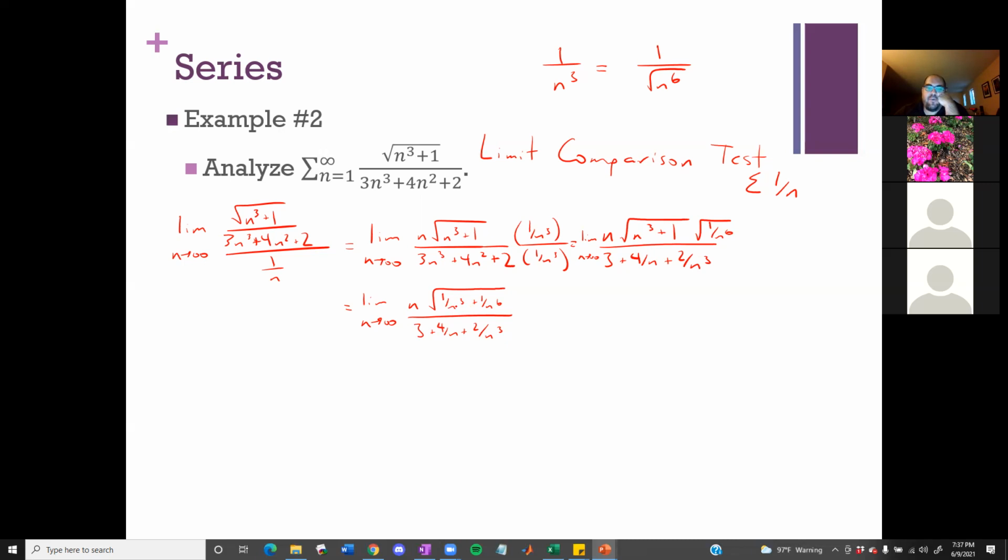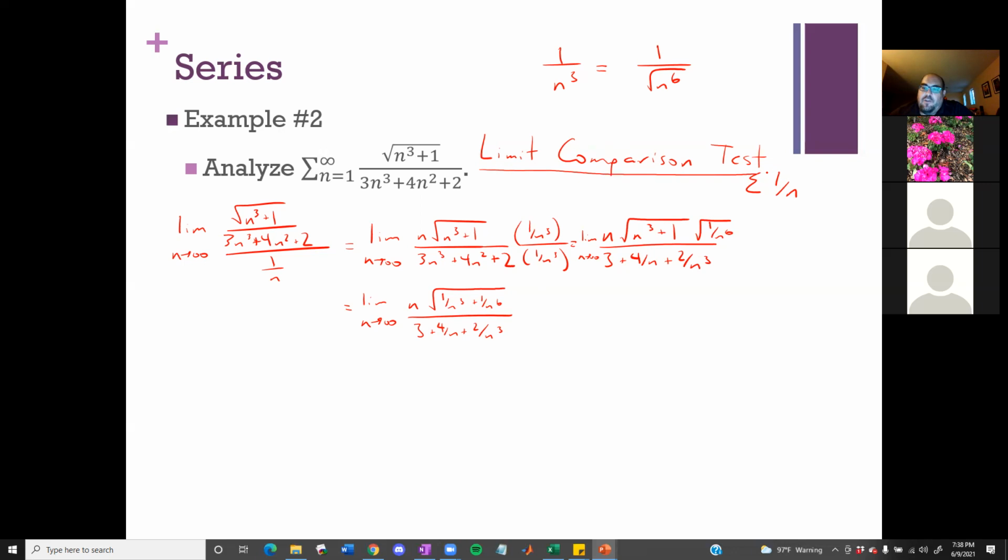The inside of the radical is going to go to 0. So I don't think it's clear what the numerator is going to do. So I think we need to backtrack a little bit. I think the limit comparison test is probably the best way to go.